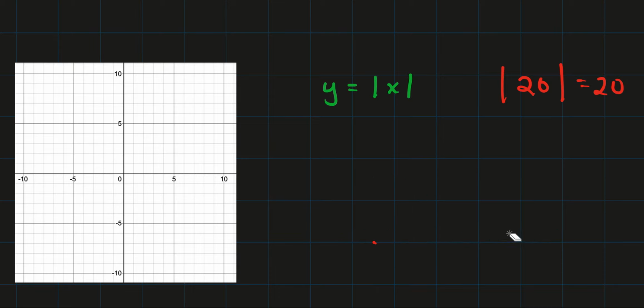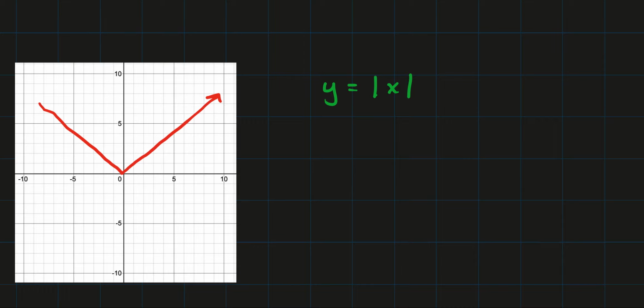This graph is interesting. I'll show you what it looks like. It's a little hard for me to draw straight lines, but it's V-shaped.